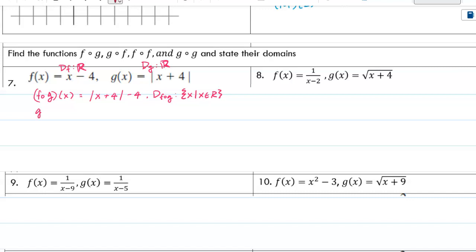And then let's do g of f. Let's open up g, put in the f. You get something like that.